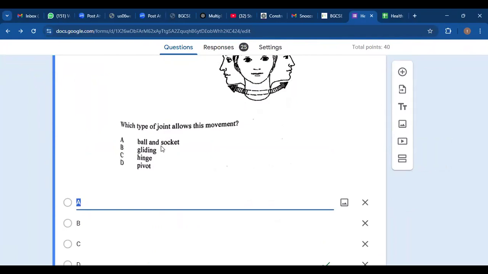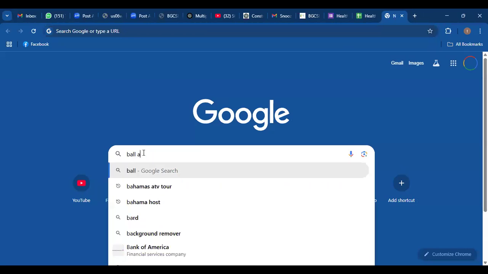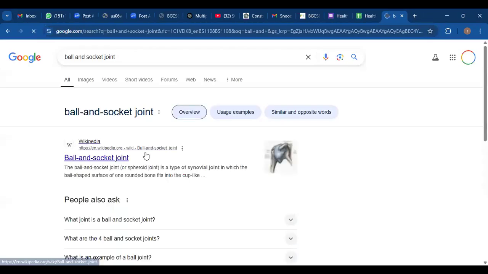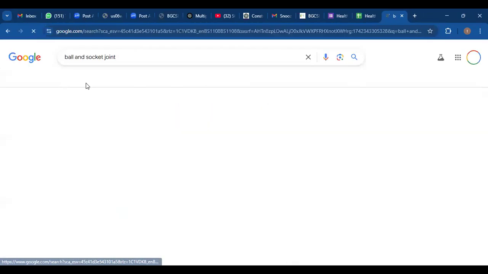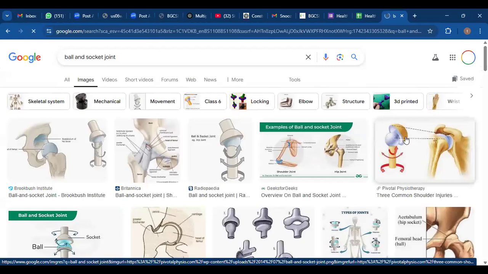Ball and socket would be like in your shoulder. Let me show y'all. Can you also see my screen? Yes, sir. All right, this is ball and socket, right?